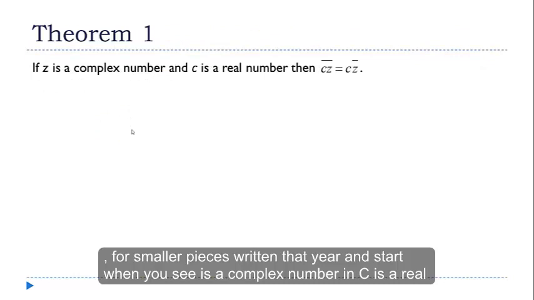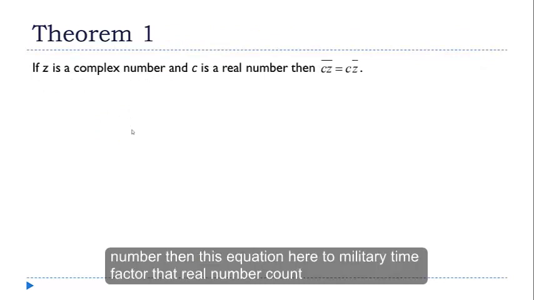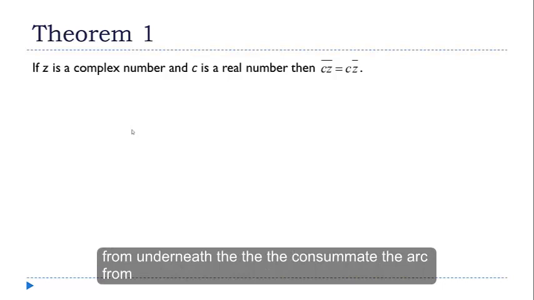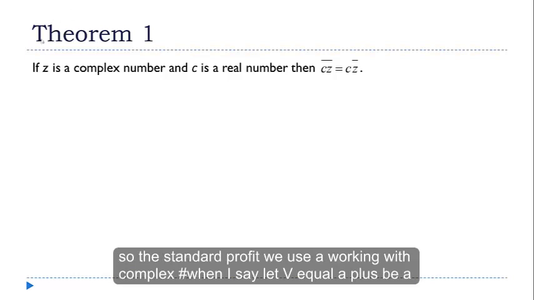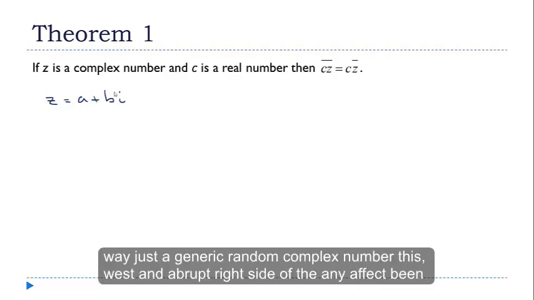If z is a complex number and c is a real number, then this equation here is true. In other words, you can factor that real number out from underneath the conjugate, the bar symbol. So the standard approach that we use when working with complex numbers is I'm going to say let z equal a plus bi, just a generic random complex number.